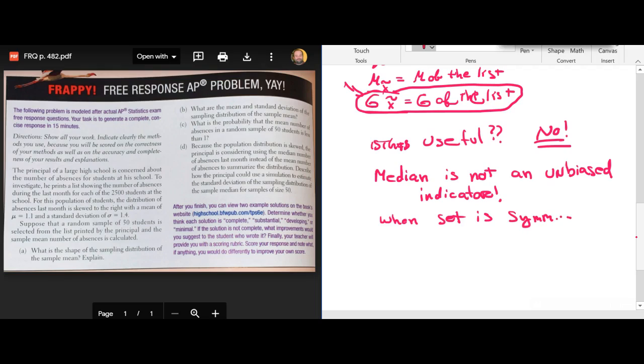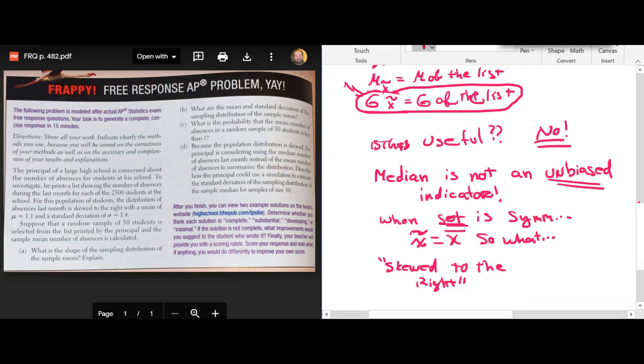But in that case, the median is equal to the mean. So so what? Here my set is not symmetric. In fact, I'm told that it is skewed to the right. So we are not an unbiased indicator.